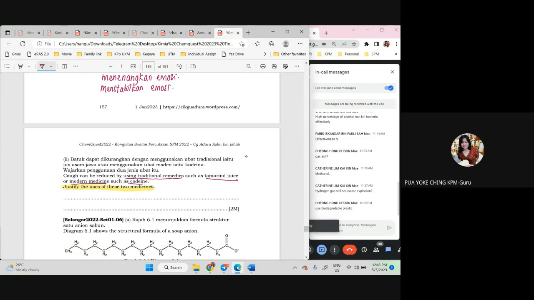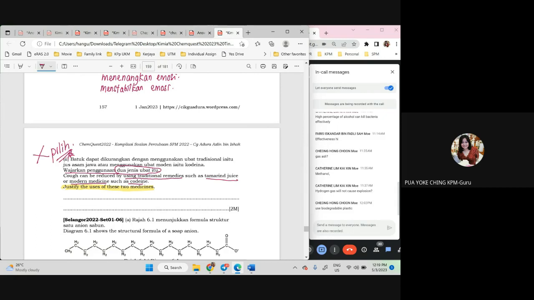Dua-dua. Wajarkan penggunaan dua jenis ubat ini. Dia tak suruh pilih. Tak payah pilih tapi kena jawab untuk dua-dua. How we answer dua-dua?